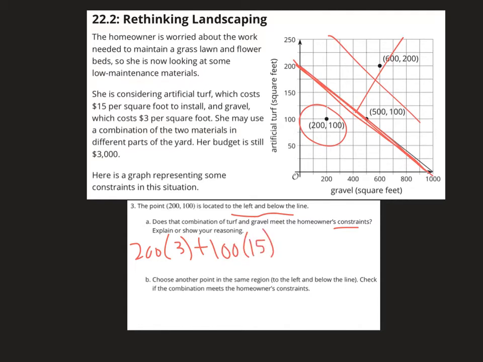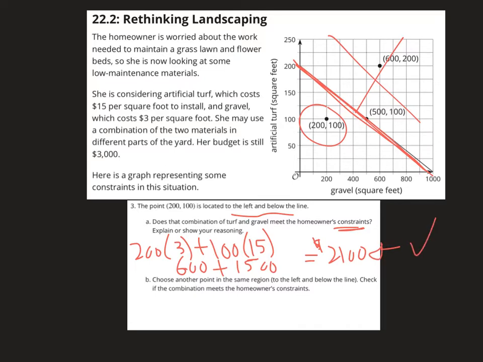That's going to give us $600 in gravel costs, plus another $1,500 in artificial turf. So looks like a cost of $2,100. Does that meet the homeowner's constraints? Well, the homeowner wanted to spend $3,000.